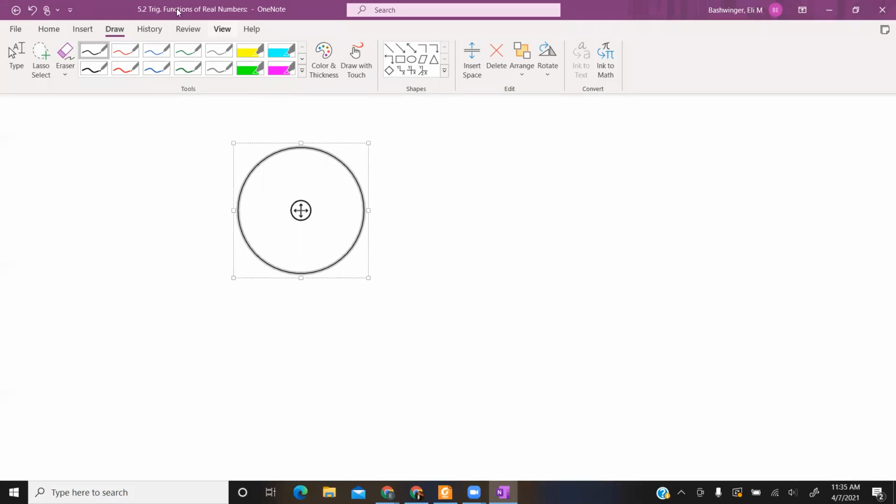let's draw our unit circle. No, let's not do that. I don't want to waste time. Definitely draw the unit circle on your own though.